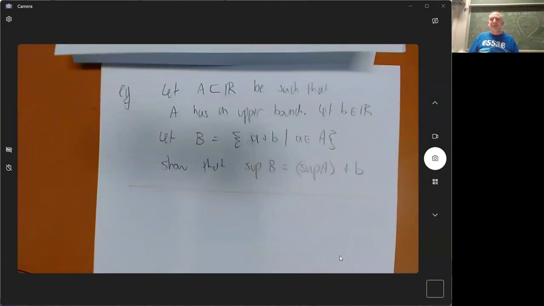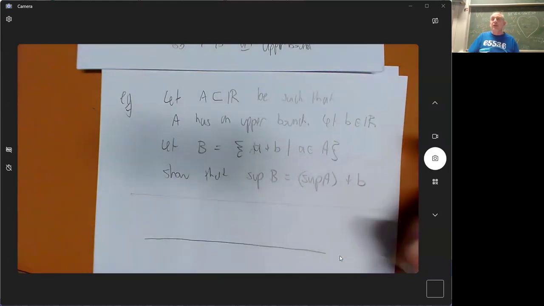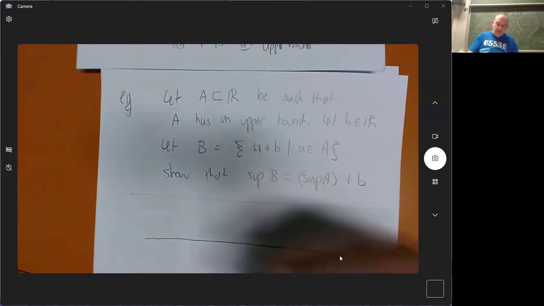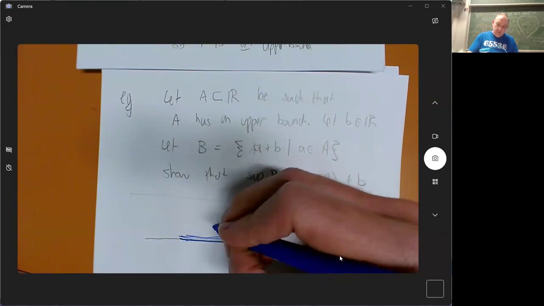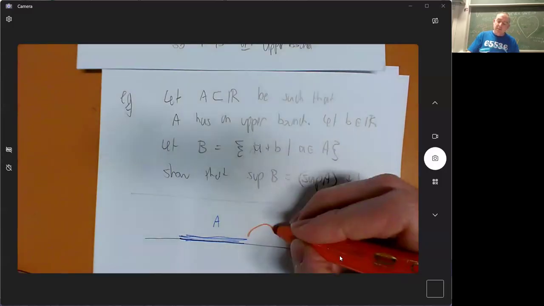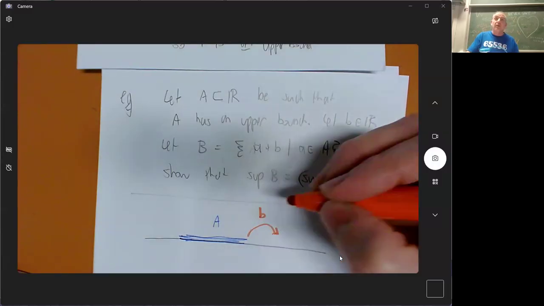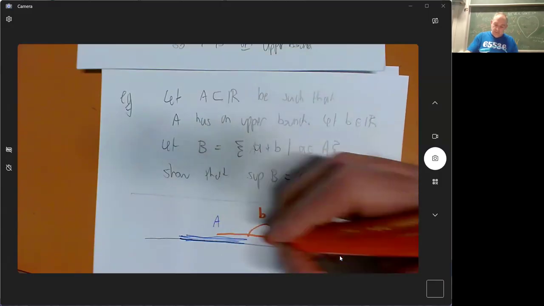I'm going to draw a picture of this because that's what you should always do. And I know that it's not going to cover all possible sets, but I'm just going to draw one. So here is the set A. And then I'm going to add b to everything. It may be a negative number, but I'm just going to draw a positive number. And that's going to make this set.